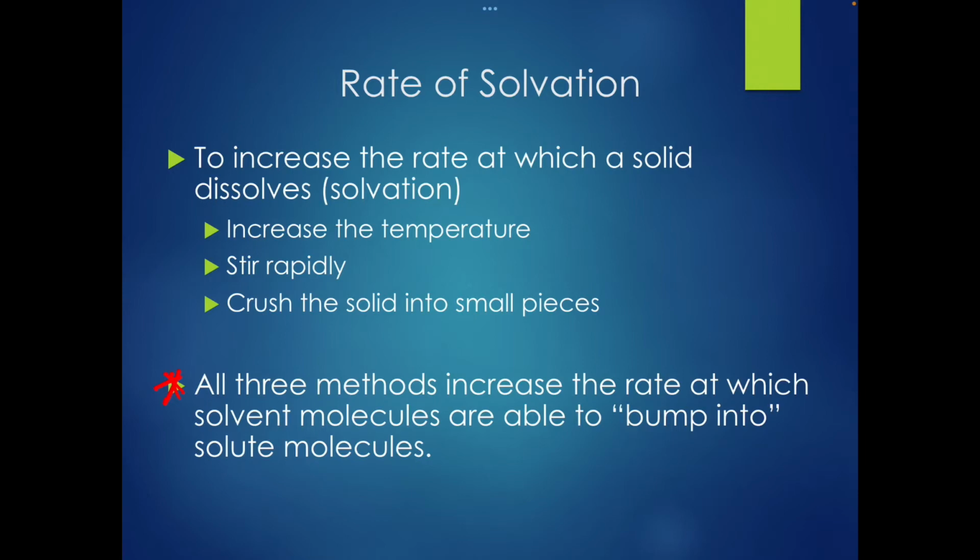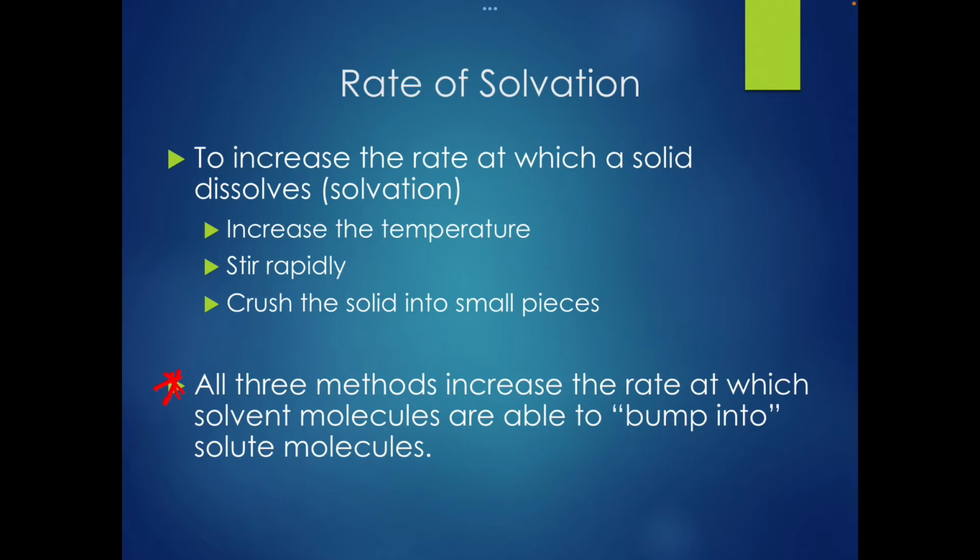If you put granulated sugar in your tea, it will dissolve more quickly than a sugar cube because it's in smaller pieces. We call that having a larger surface area when it's all crushed up. And that larger surface area from crushing it up allows the solvent molecules to bump into it more. Otherwise, if it was just a sugar cube, then our solvent molecules would have to bump into the outside and slowly break that cube down.